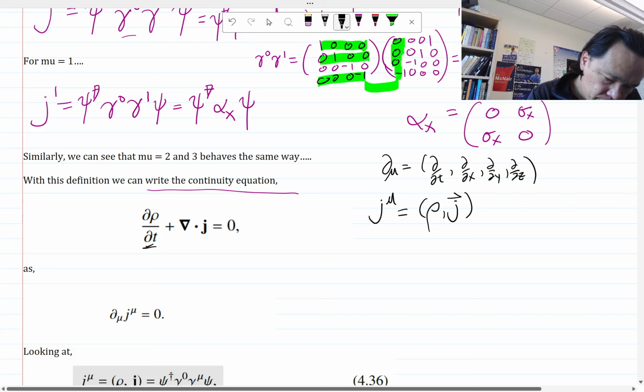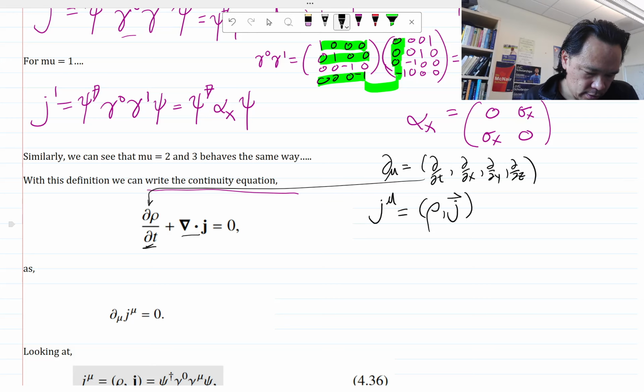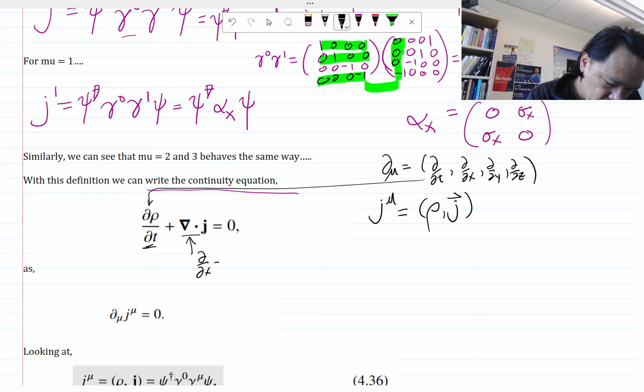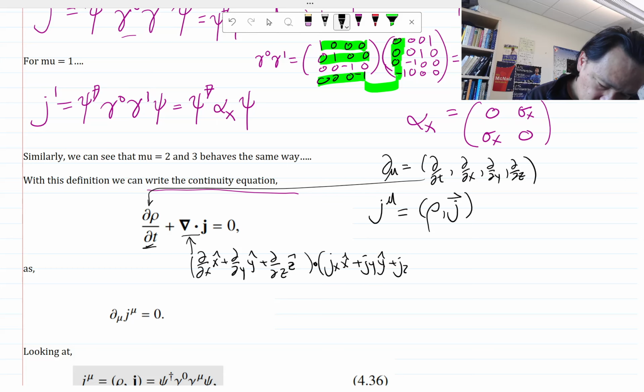That gives us the divergence of J. This divergence operator is partial by partial x, x hat, plus partial by partial y, y hat, plus partial by partial z, z hat, dotted into jx, x hat plus jy, y hat plus jz, z hat.